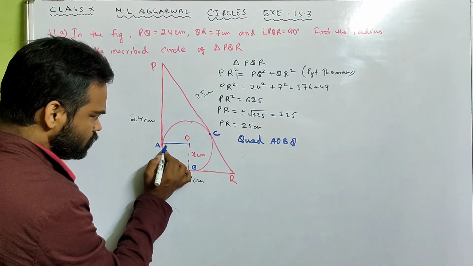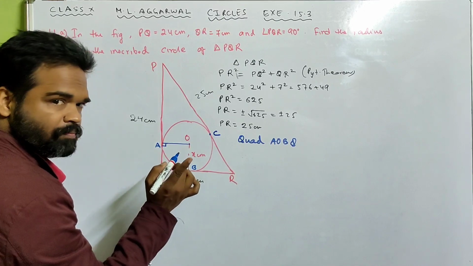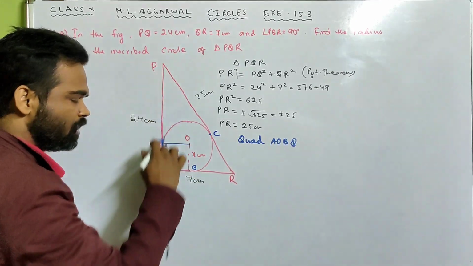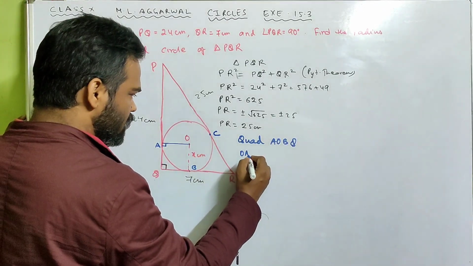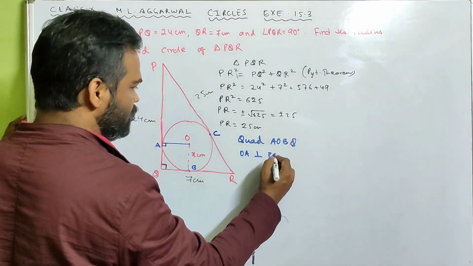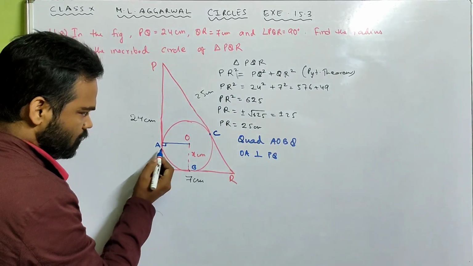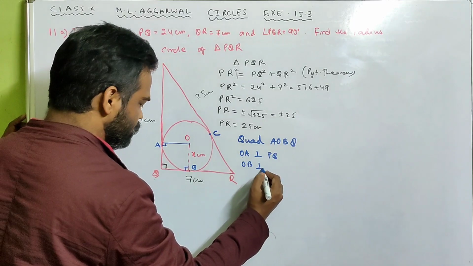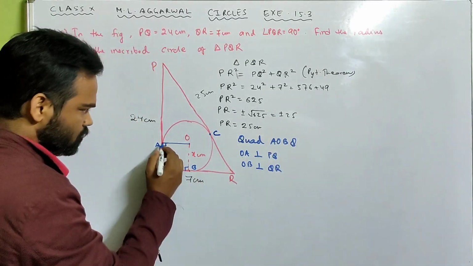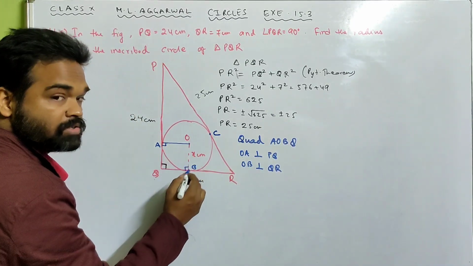Now this will be perpendicular, yes or no? The radius is perpendicular to the tangent at the point of contact. So OA is perpendicular to PQ, so these two angles are 90. OB is also perpendicular to QR. So this is a square. Why?